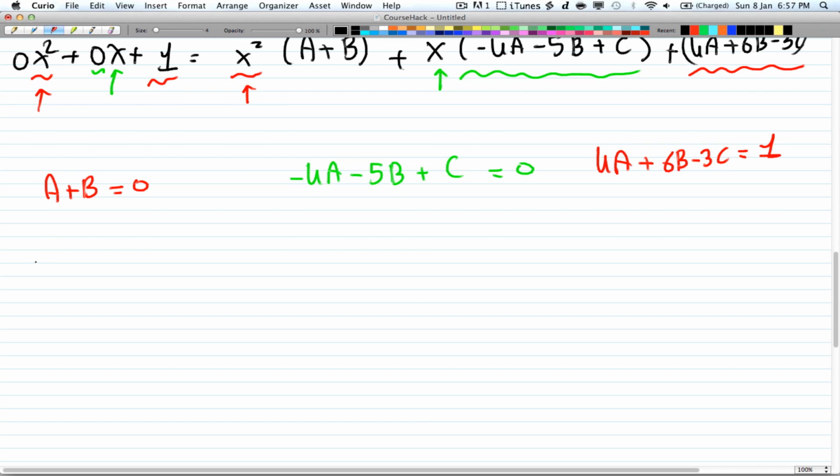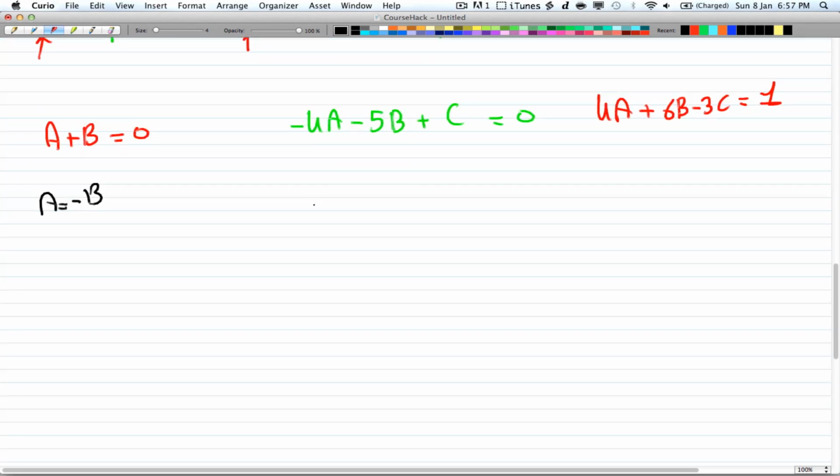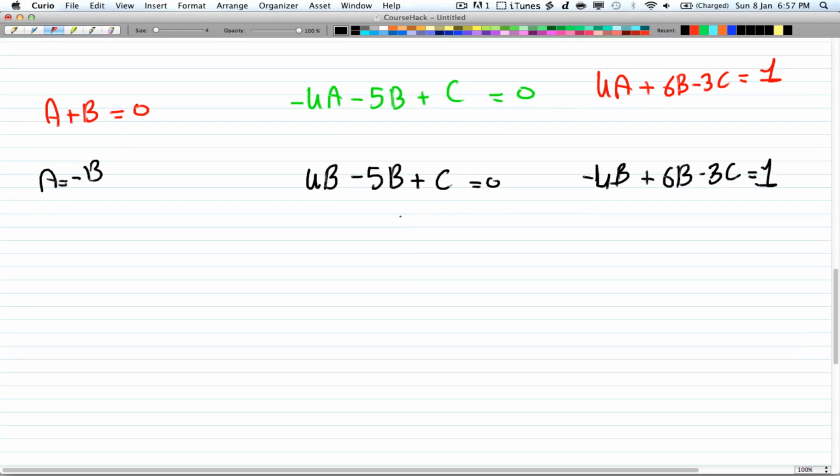You're going to have a equals minus b, and you're going to use that in the other two equations. So a is equal to minus b, you're going to have 4b minus 5b plus c equals 0. And here you'll have minus 4b plus 6b minus 3c equals 1.